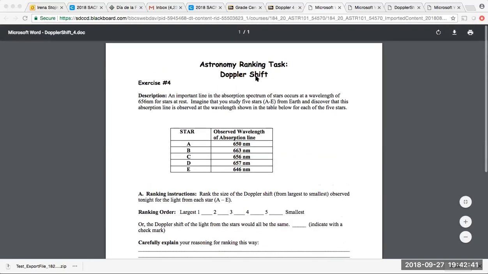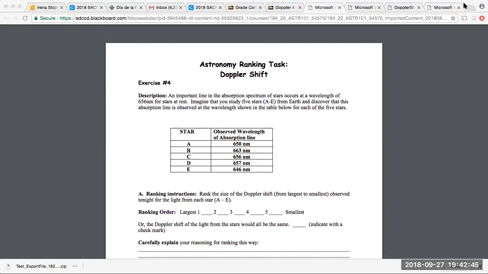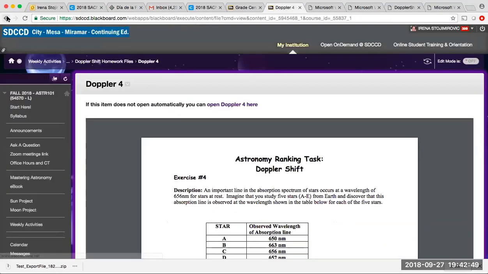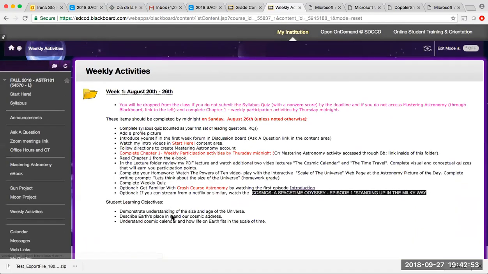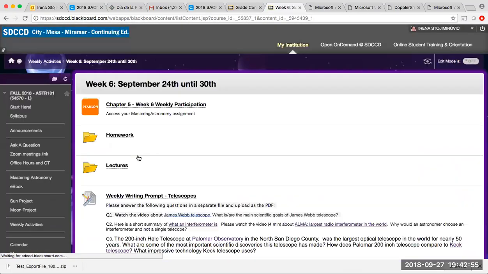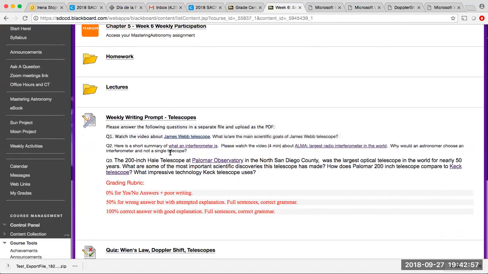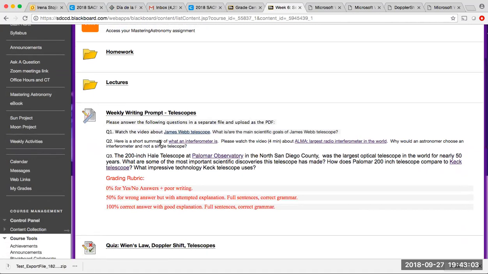And then what did you say? The writing prompt? Yeah, if it's possible to go over that. Well, let's take a look at it. I think that's fairly simple. I always say that, right? This week it's basically to watch the video about the James Webb Telescope, the new telescope that was supposed to be launched even last year, but there were delays.